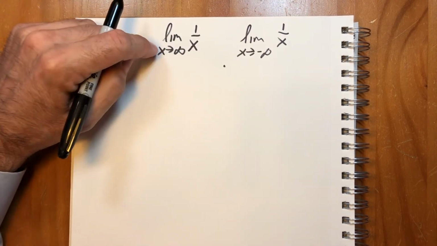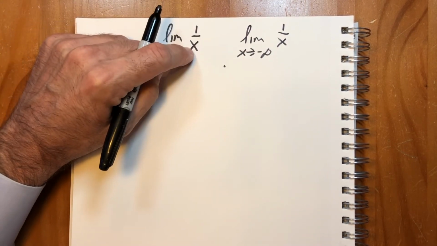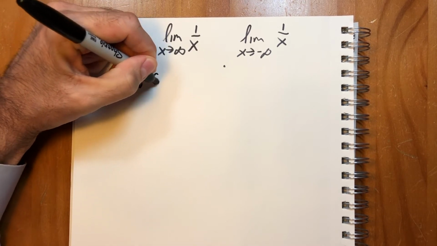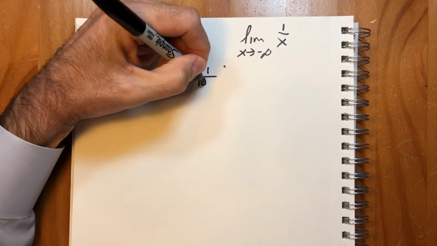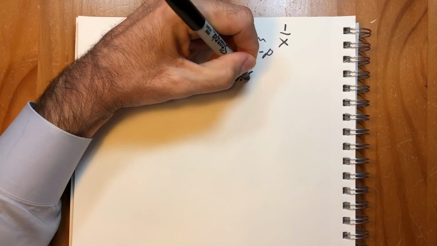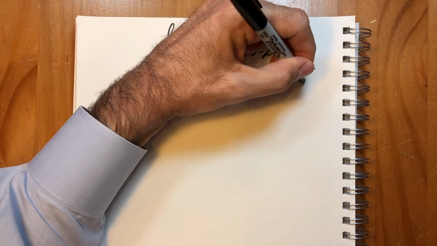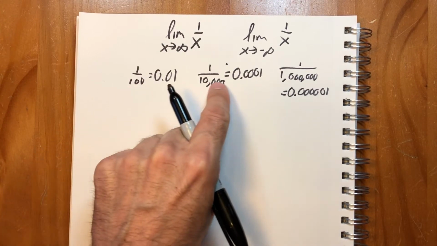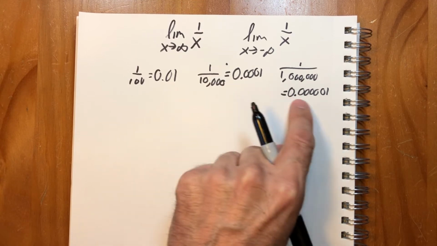So first notice that as x gets larger, 1 over x gets smaller and smaller. 1 over 100 equals 0.01, 1 over 10,000 equals 0.0001, and so on. So in fact, by making x big enough, we can make 1 over x as small as we want.